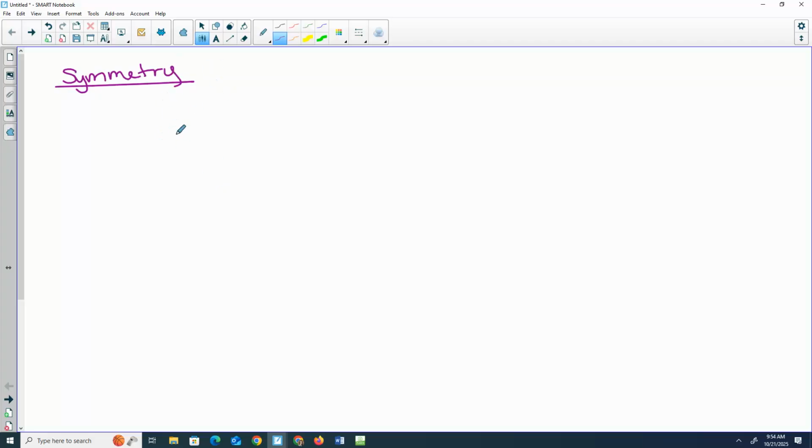So if I asked you to decide if 3x squared plus y equals x to the 4th, if I want to know if that is symmetric to the x-axis, how did we check that?